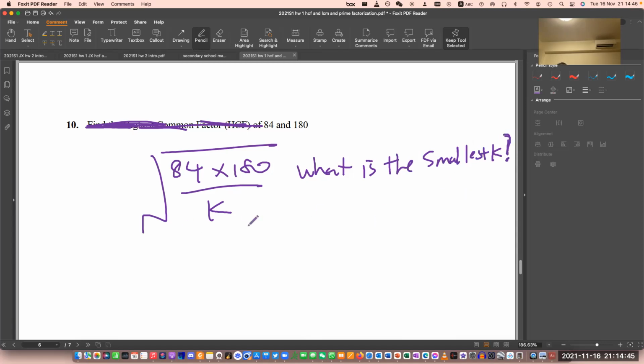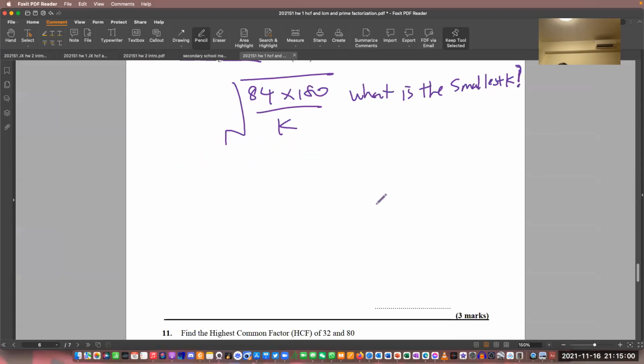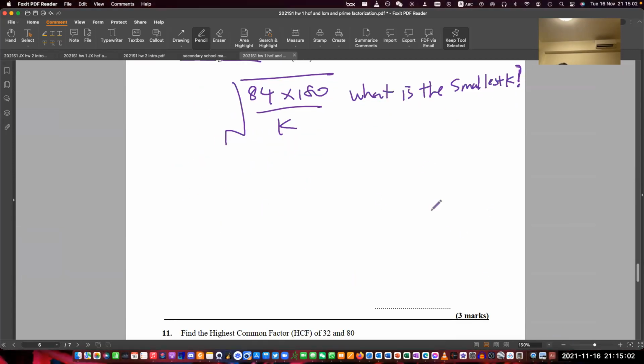Can you work this out? So I'm going to give you a white canvas so you can work this out. You just work it out here. Or maybe make it smaller. Just work it out over here, the blank space. So what is the smallest integer k? I need to be more specific. Integer k.